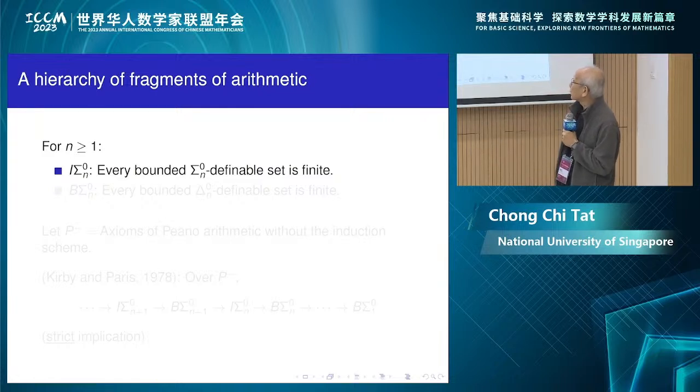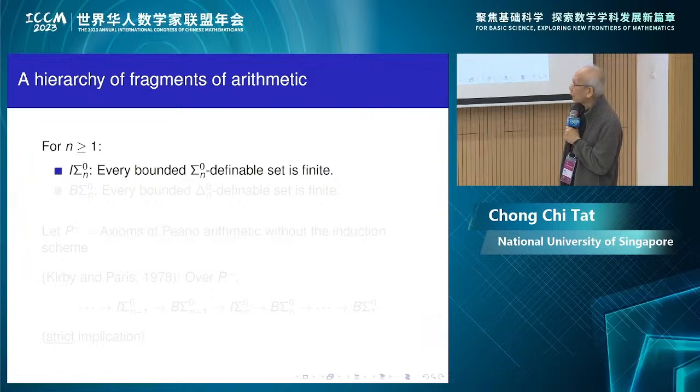I sigma n says that mathematical induction holds for statements of the form sigma 3. But equivalently, it says that for every bounded set of numbers that is definable as a sigma n sentence, any such bounded set is finite.